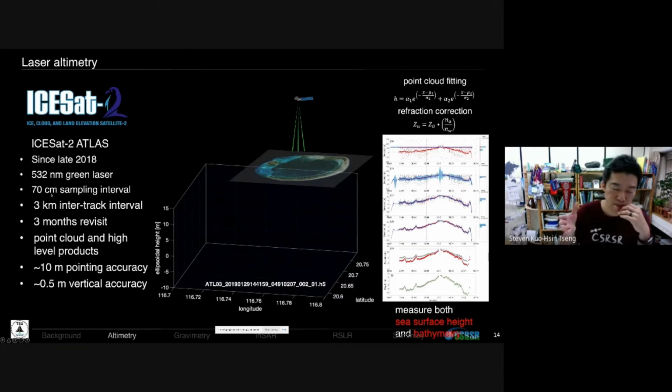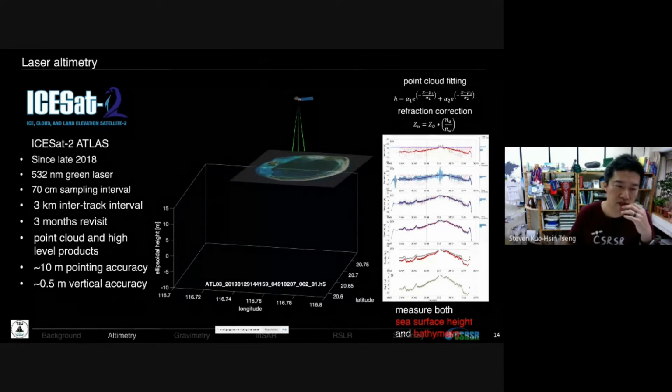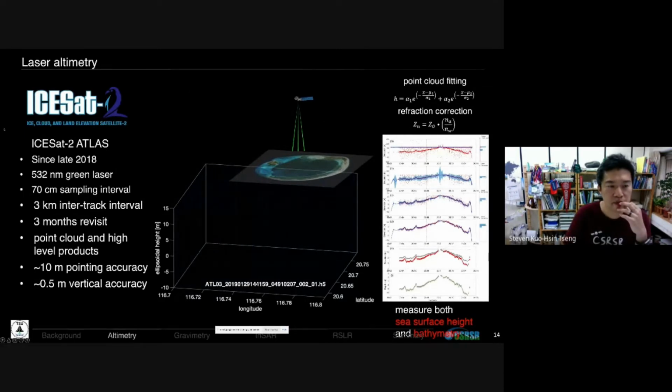It has a point measurement of the elevation. However, the coverage, the footprint, is 10 meters. I would emphasize the coverage is 10 meters. However, every 70 centimeters, there is a height measurement. So it's very dense, almost seamless. You can get a very perfect profile of the elevation along the ground track.